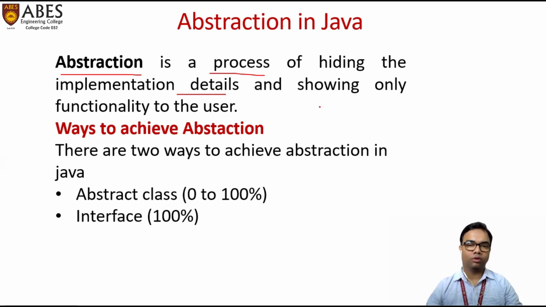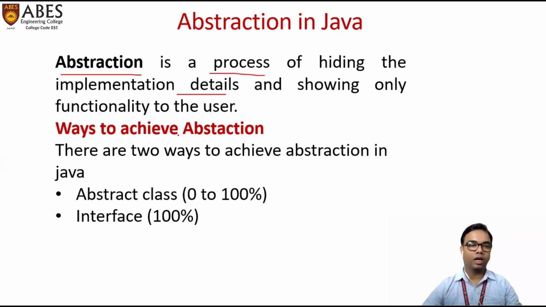There are many processes behind switching on the fan, but the user sees only that when he switches it on, the fan automatically starts working. So with the help of abstraction, we only show the functionality to the user, and the implementation is hidden from the outside.